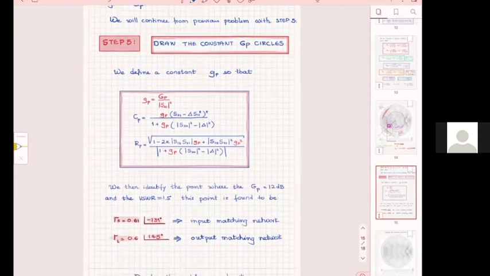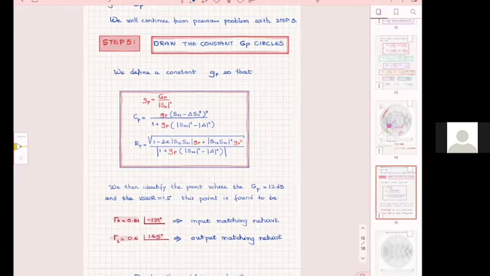If you remember, this is a different formula that I give to you, because in the previous formula we had the input gain circles for G sub S and the output gain circles for G sub L separately.